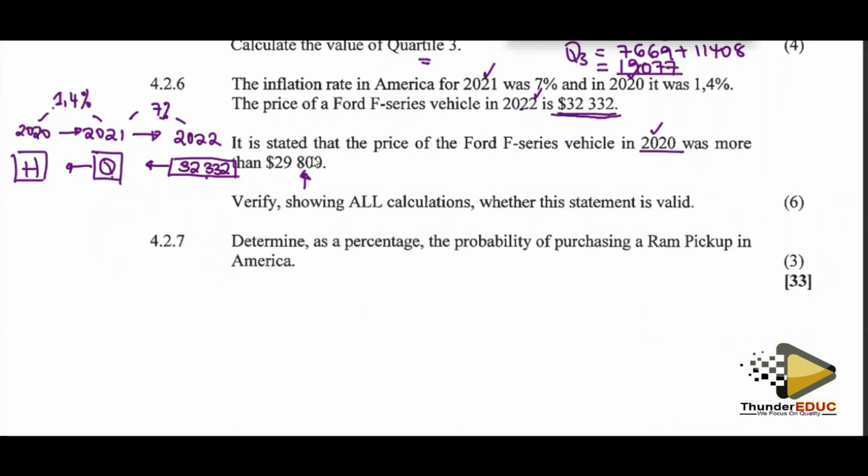All right. So here we shall look for the price of 2021, whereby we shall say 32,320 divided by 1.07.